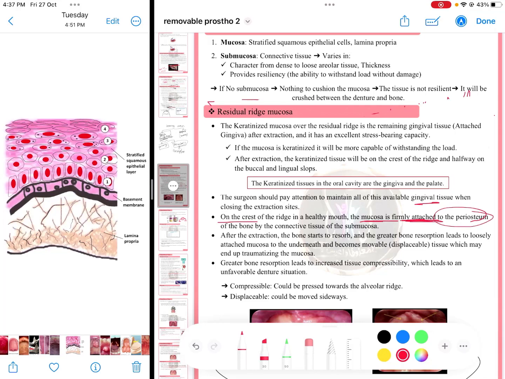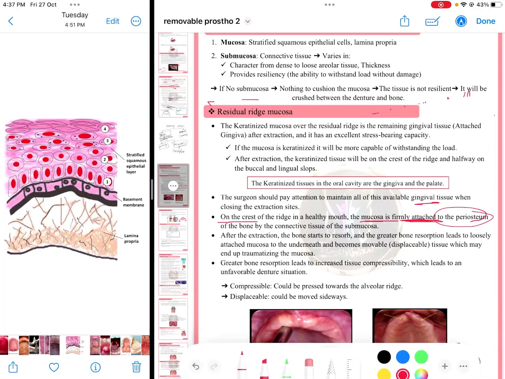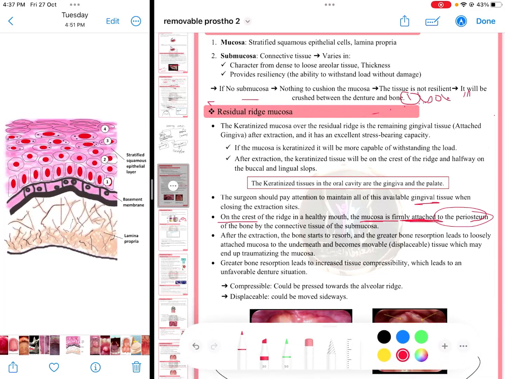Now we said we will compare three things: one, the bone; two, the submucosa; and three, keratinization. The residual ridge is keratinized, true. But look here, the mucosa is firmly attached to the periosteum.